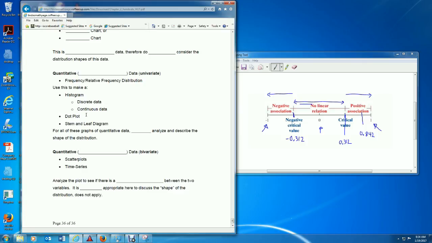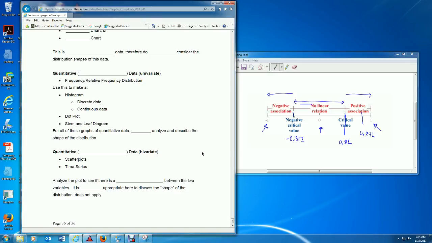We looked at dot plots. We looked at stem and leaf diagrams. For all of these types of graphs, you can analyze and describe the shape of the distribution. Skewed, uniform, bell-shaped. Then we went over the quantitative, again, numerical data that was bivariate.